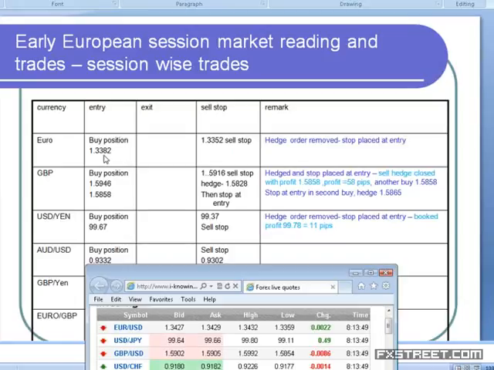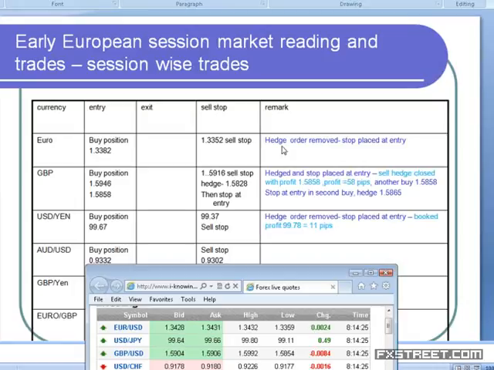Then they filled it and subsequently came down to 1.3359. My hedging order was at 1.3352. It was not filled, and then they started gaining the levels. And once it had gone above 1.3382 and went above 1.3390 and stayed there for more than 30 minutes, I kept the stop at entry and removed the hedge order.